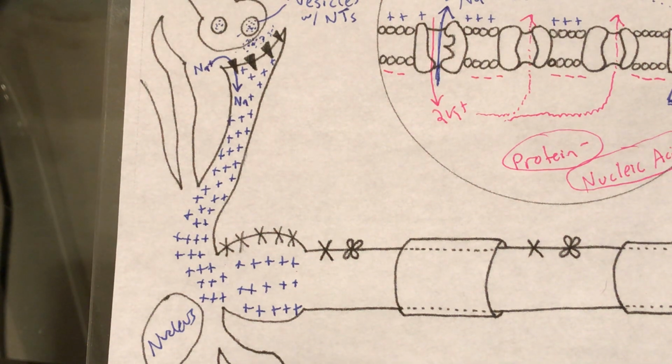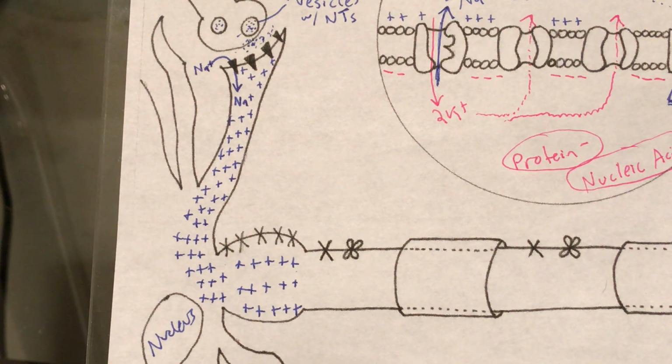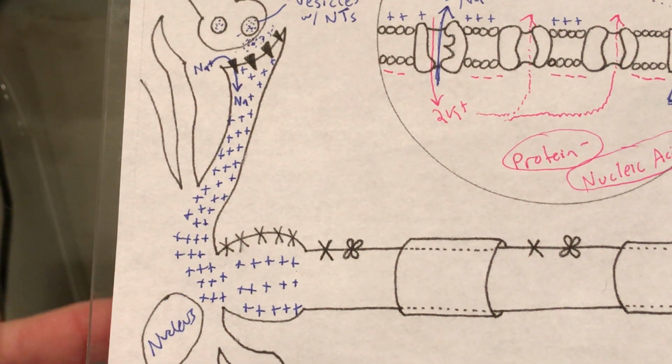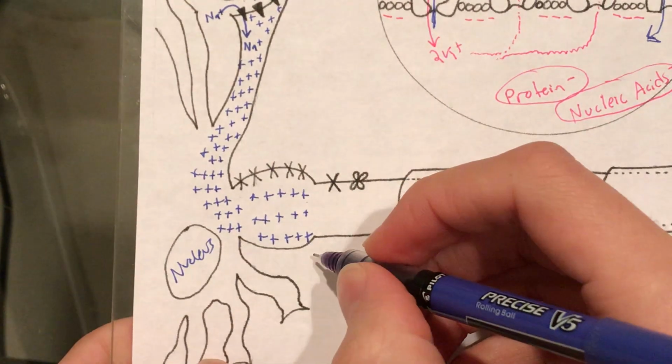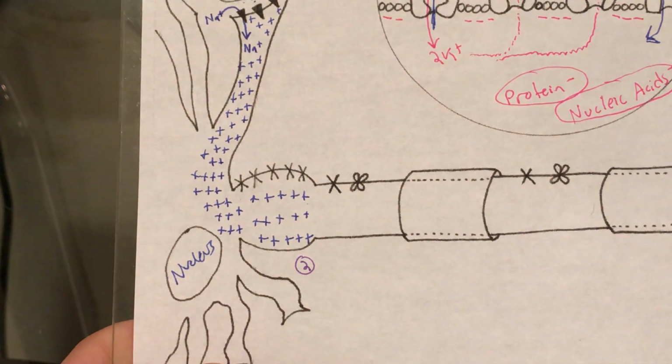And I'm actually going to use a different color pen for this so that you can see the difference between the flow of the sodium ions initially and the flow of the sodium ions in our step 2. So let's remind ourselves this is going to be step 2 at the axon hillock.